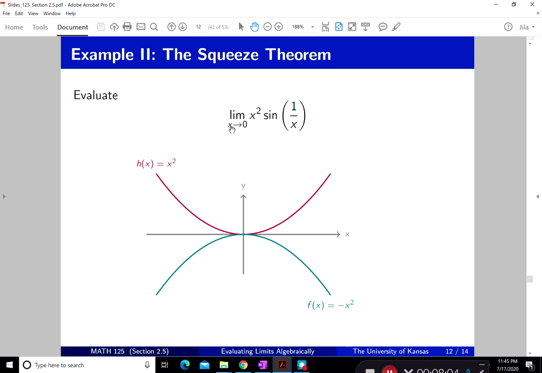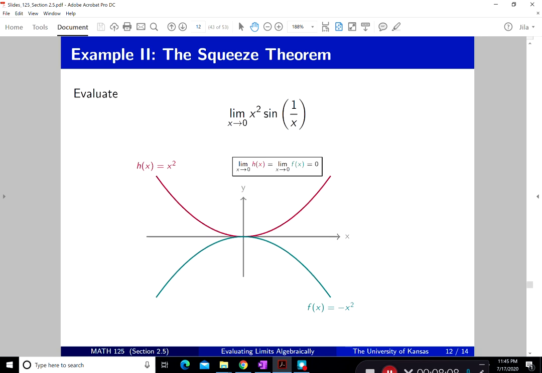First of all, we know that the limit of h of x as x approaches 0 is the same as the limit of f of x as x approaches 0, and it is equal to 0. So these two are a good candidate for the squeeze theorem. Does x squared sine of 1 over x get squeezed between them?